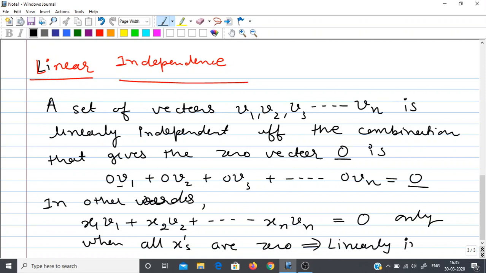But if you get the zero vector for some other combination where all x are not zero, then this set of vectors v1, v2 up to vn will be called a linearly dependent set of vectors.